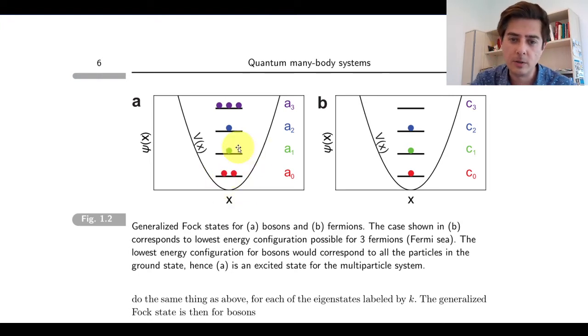Of course, it could occupy any of these spatial states. And then if you've got multiple atoms, they could be distributed in all kinds of different ways. So here we've got, say, 2 atoms in the ground state, 1 in the first excited, 1 in the second, and 3 in the third excited state, just for example.